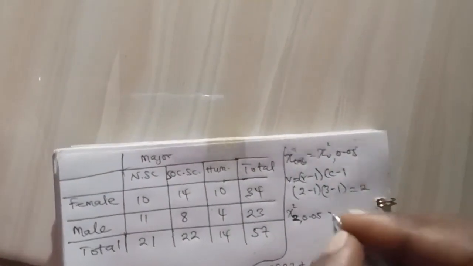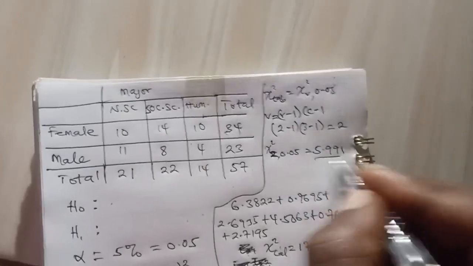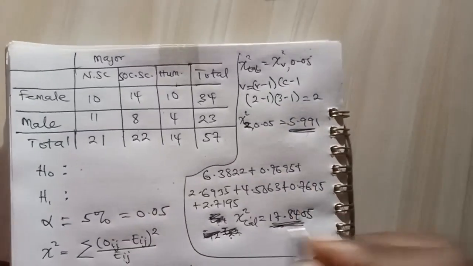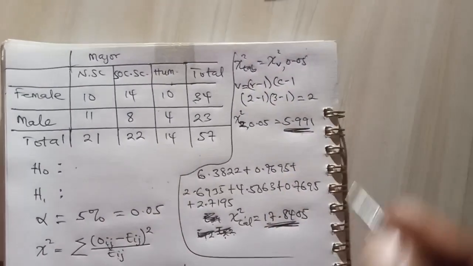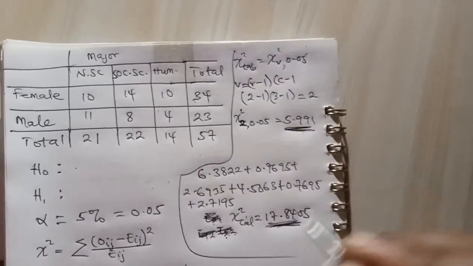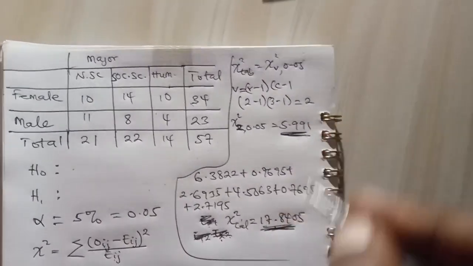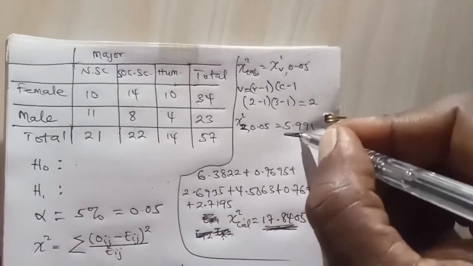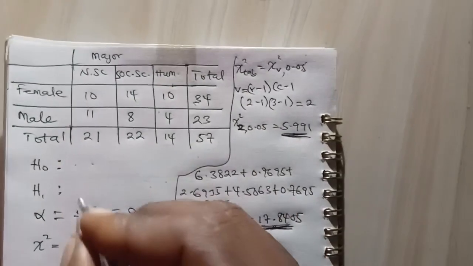So we compare what we calculated and what we got from the table. You can see this is greater than this. Whenever the calculated value is greater than the tabulated value, we reject H0 and accept H1.